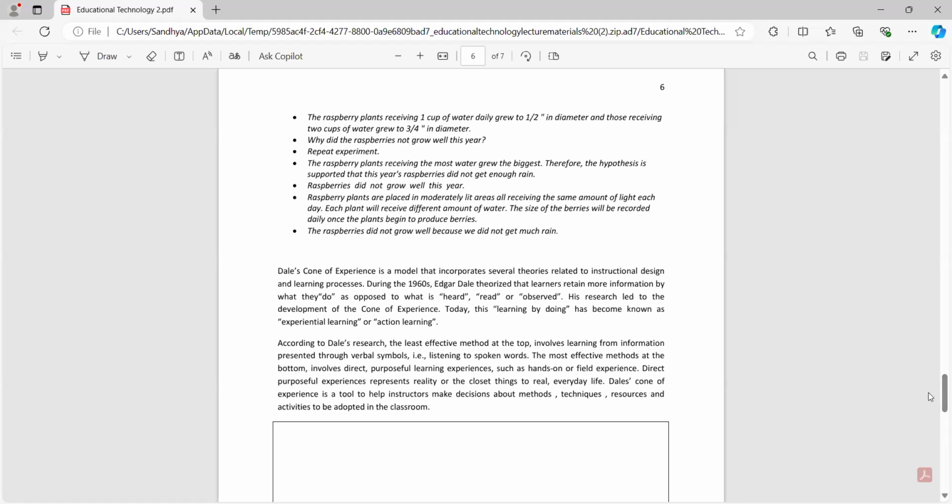Today, this learning by doing has become known as experiential learning or action learning. That we discussed. I showed you Dale's cone as well. So that actually proves the importance of getting the students to be active participants in the learning process and getting them to say and do it for more learning and remembrance.